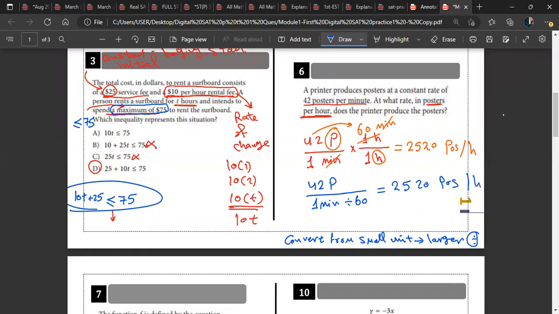If you divide minutes by 60, you have hours, because 1 hour equals 60 minutes, and 1 minute equals 1 over 60 hour. Is that understood, guys, or not?